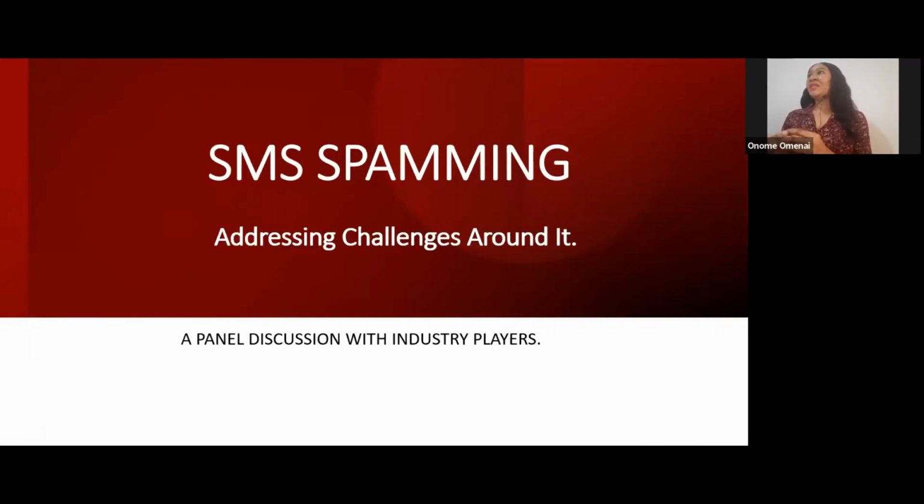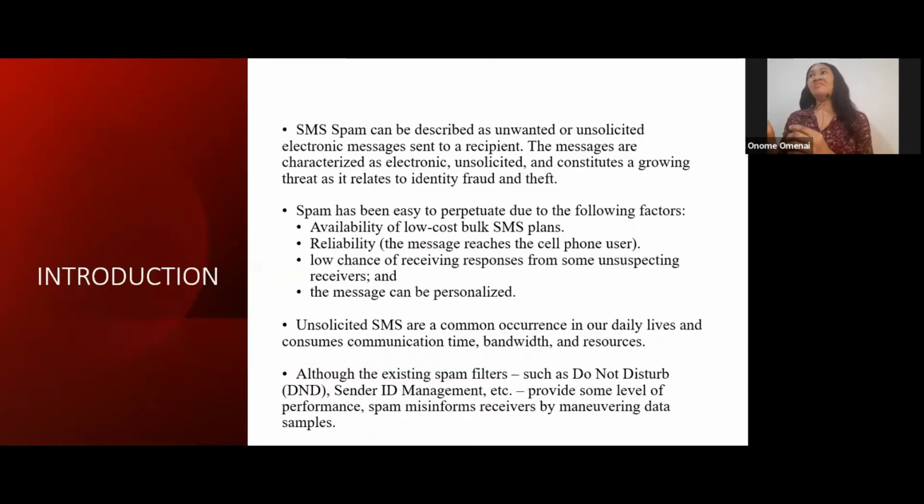SMS spamming is the act of sending SMS spam. What then is SMS spam? SMS spam can be described as any unwanted or unsolicited message sent to the recipient, a mobile phone subscriber, if you will. Now, there are other forms of spam.